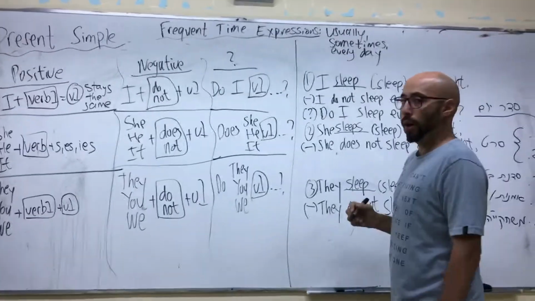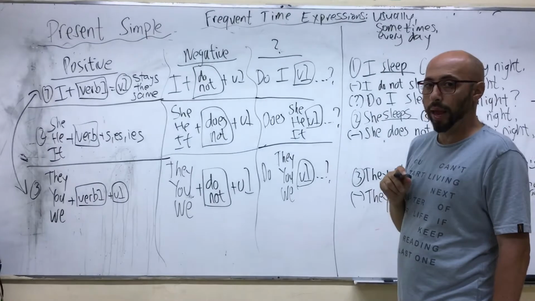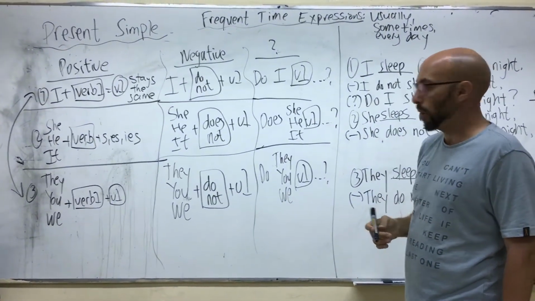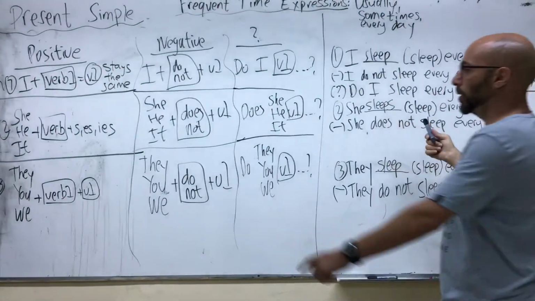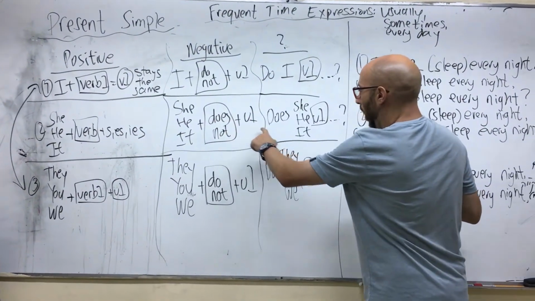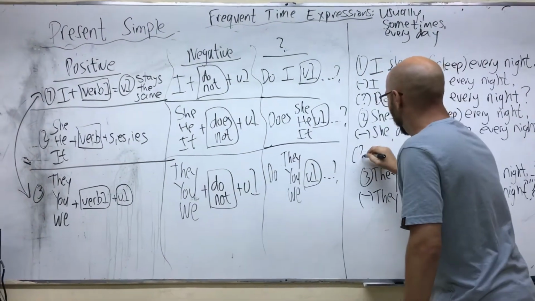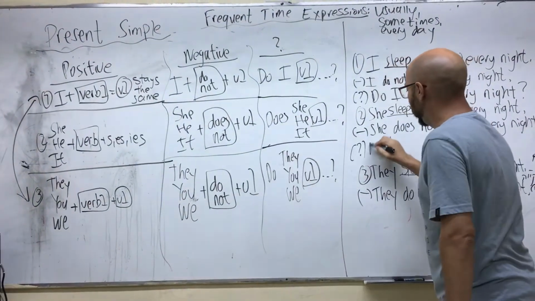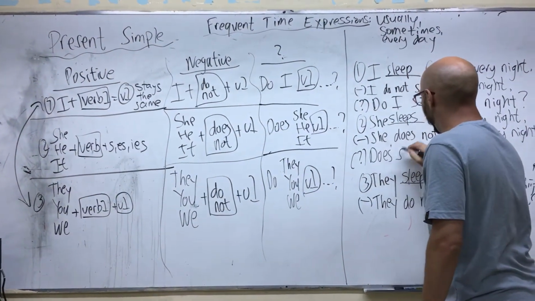And of course, when I write a question, I have to end it with a question mark. She sleeps every night. She does not sleep every night. Does she sleep every night?